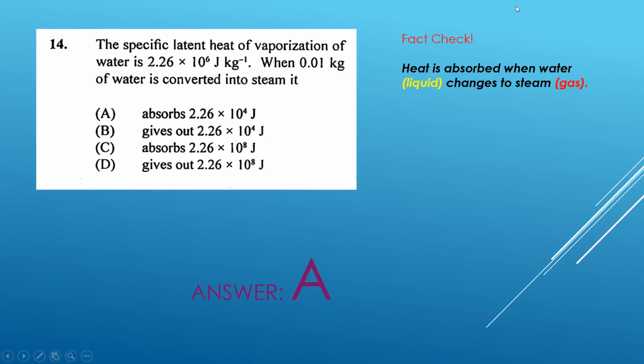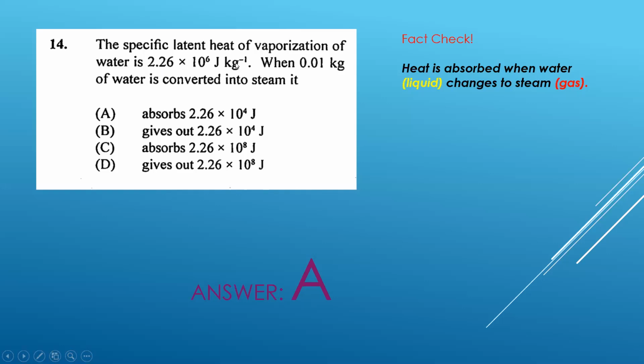And number 14. All right, so what I'm saying is that, just listen carefully, 2.26 times 10 to the 6 joules, that's 2,260,000 joules of energy is required to change 1 kilogram, because this is per kilogram.